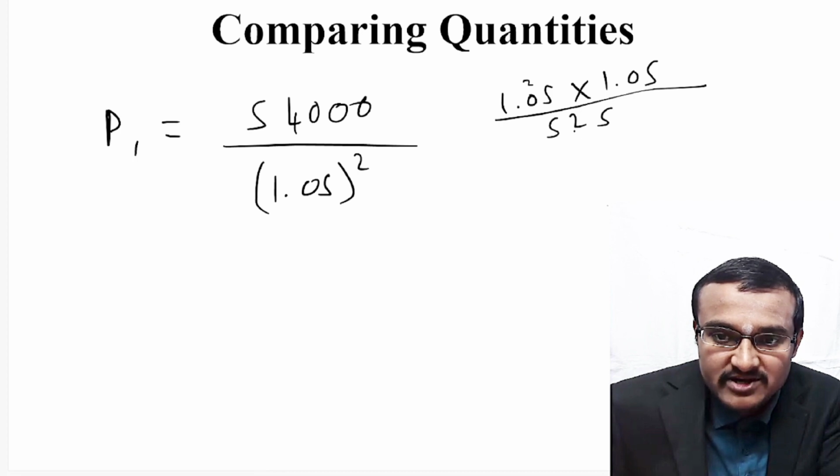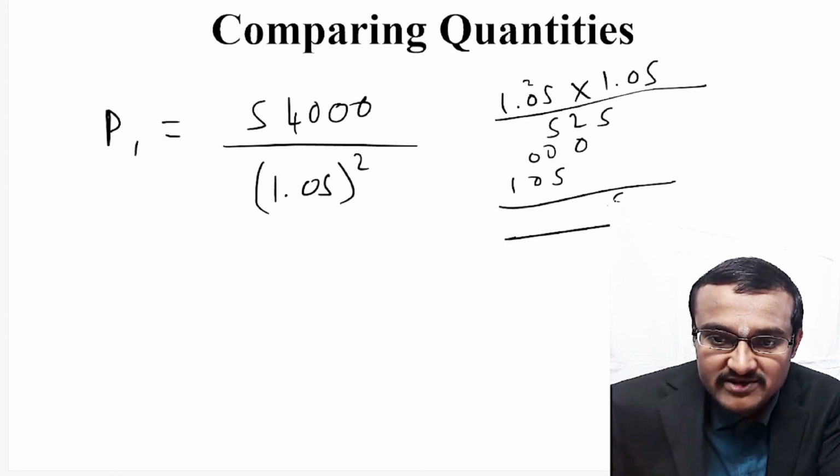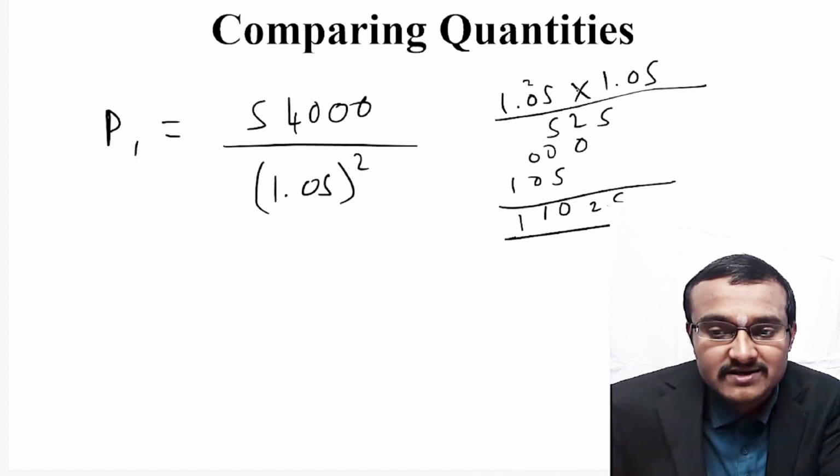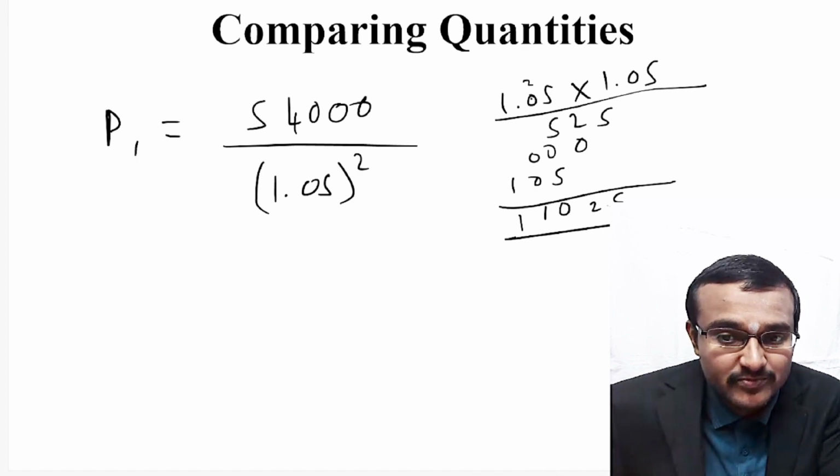So you got 525. Now 0, 0, 0. Now multiply with 1, 5, 0, 1. Now you can add this: 5, 2, 10, 1 carry, 1, 1. Here after 2 places the decimal point is there, and here also after 2 places the decimal is there. So after 4 places you should put a decimal point. So it will be 1.1025.